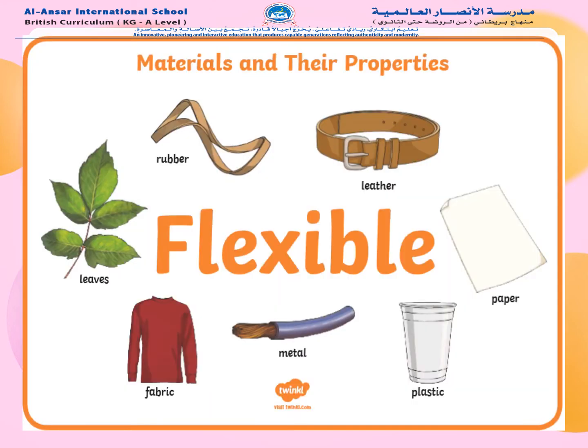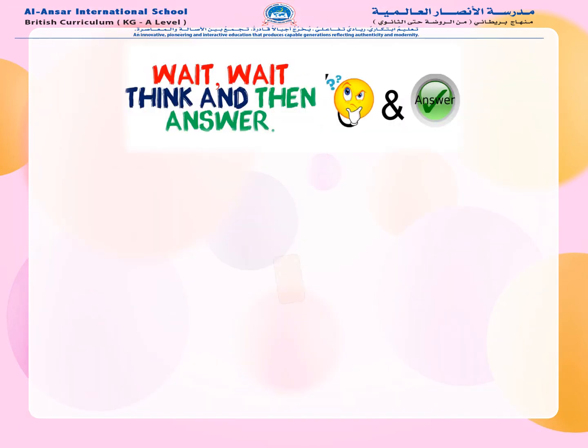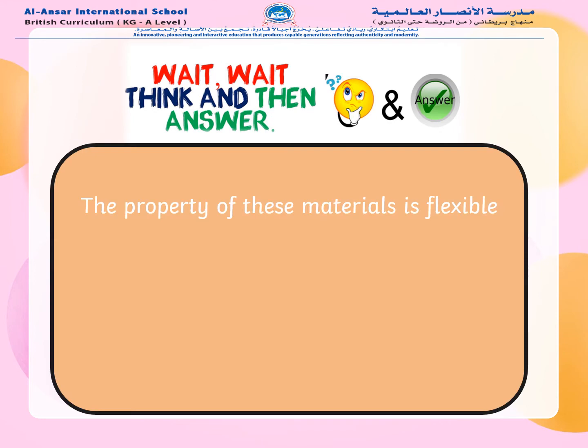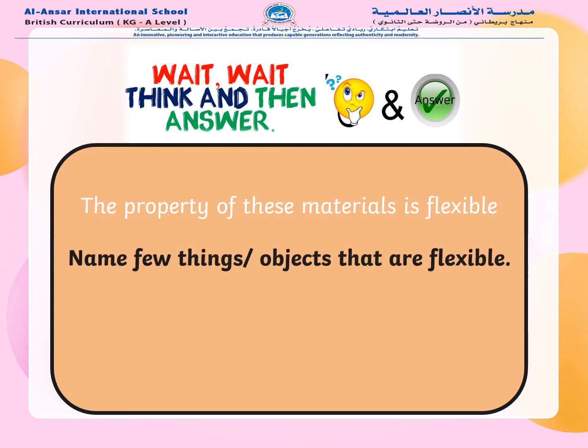Next property we have is flexible. Some things are flexible even if you turn or twist them. These are often soft as well, but not all of them. Think about these. The property of these materials is flexible, as I told you. Can you name few things or objects that are flexible?